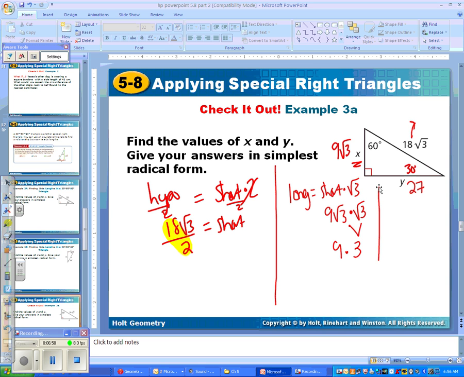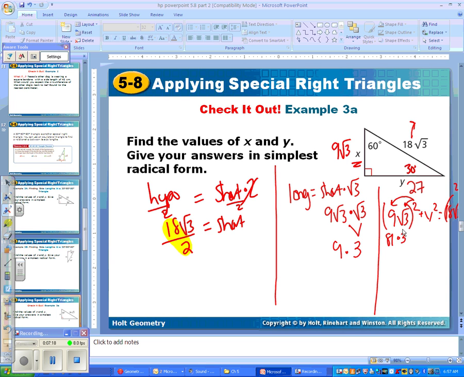Another way to check your work, you could do Pythagorean's theorem. 9 radical 3 squared plus y squared equals 18 radical 3 squared. And notice I'm putting parentheses even though you can't see this one. So you put parentheses because you have to square both things. So 9 squared, that's 81. Radical 3 squared, that's 3.